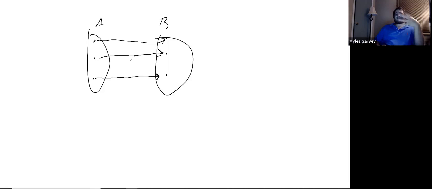So we got into talking about sets without talking about the size of a set. And this topic is what drove the mathematician Cantor practically insane.